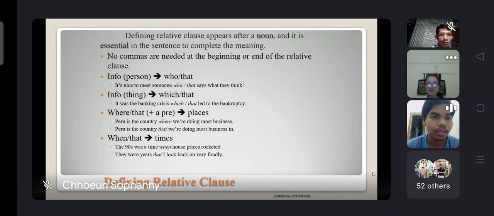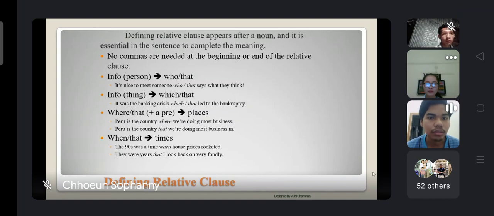For example, the banking crisis which led to the bankruptcy, or that led to the bankruptcy. So which or that led to the bankruptcy is the defining relative clause modifying the banking crisis, which is the thing.